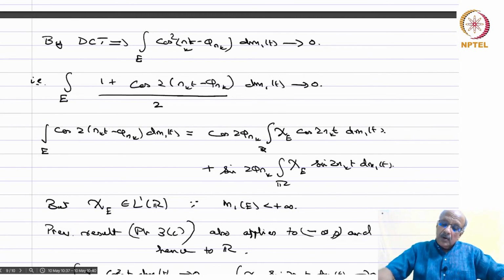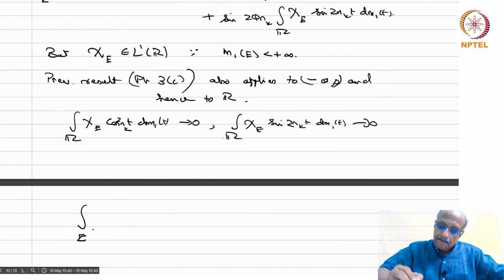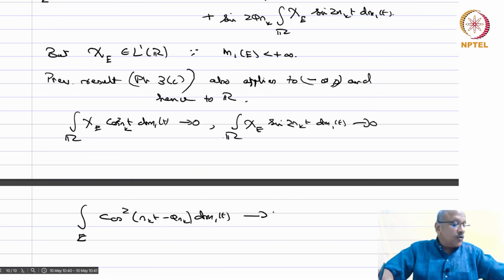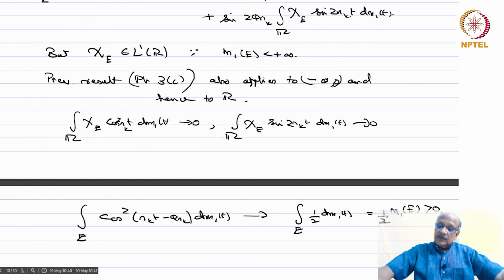So both these terms go to 0, that means the integral of the cosine goes to 0, and therefore we have that the integral over E of cos squared(nk t minus phi nk) dm1(t) goes to the integral over E of 1/2 dm1(t), which is equal to 1/2 of m1(E), which is strictly positive.